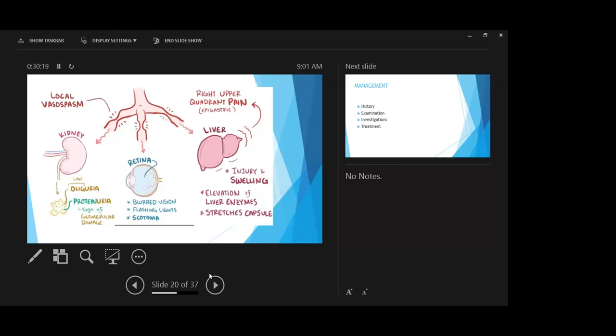But what we need to be sensitive about and keep in mind are some of the features given over here, like right upper quadrant pain, which is because of the stretch of the liver capsule, blurred vision and flashing lights if the patients complain of that. If those are there, or heavy proteinuria, then you start management right at that time and do not wait for a convulsion to occur.